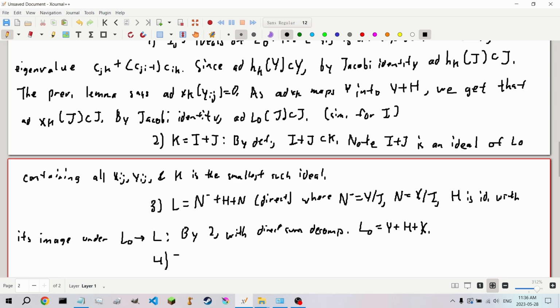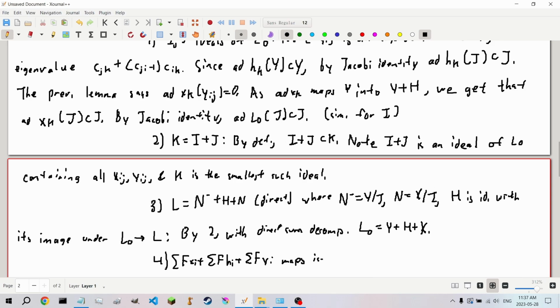Four is that the sum of fxi is the sum of fyi plus the sum of fhi. They put h first. I guess it kind of makes sense. Not that it really matters.